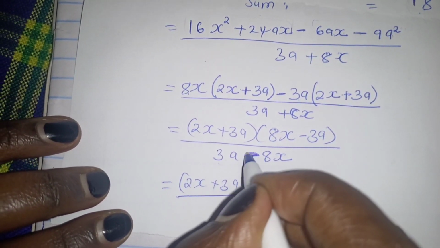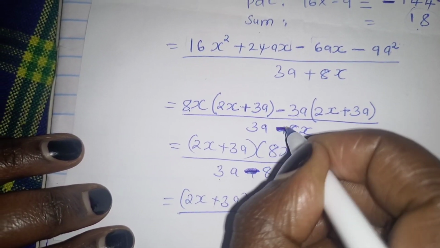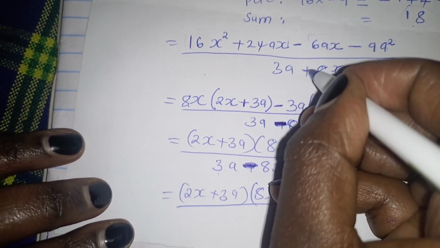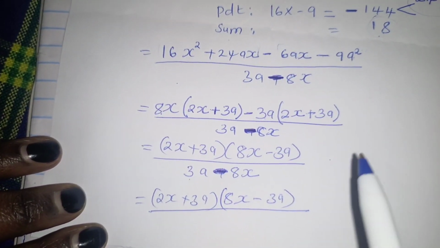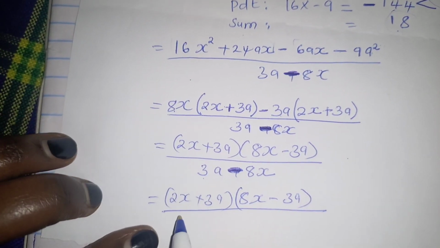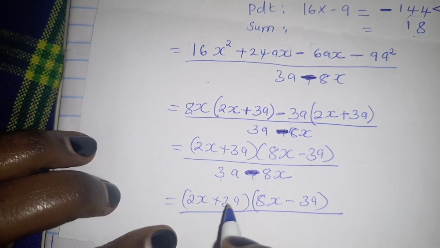sorry, this was a negative. It's supposed to be a negative. So this gives us 3a.